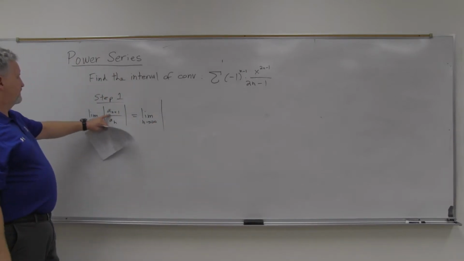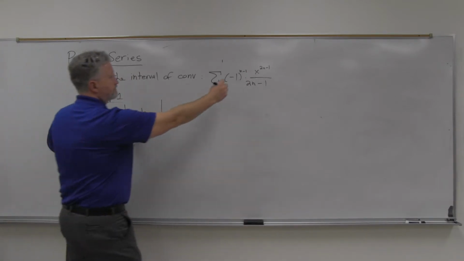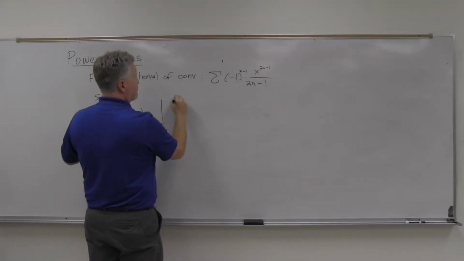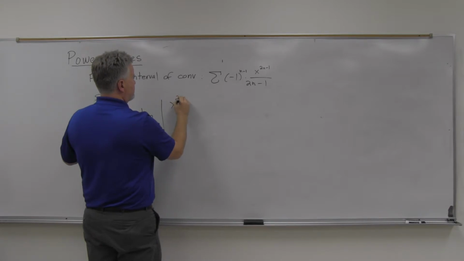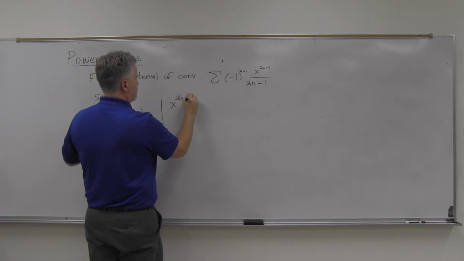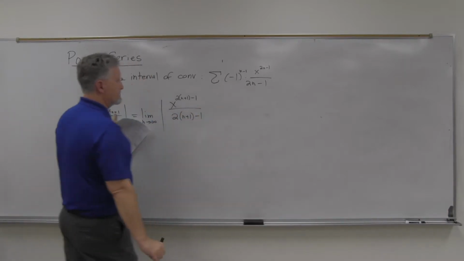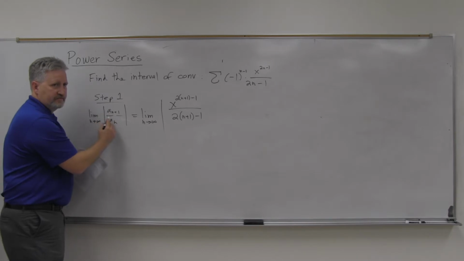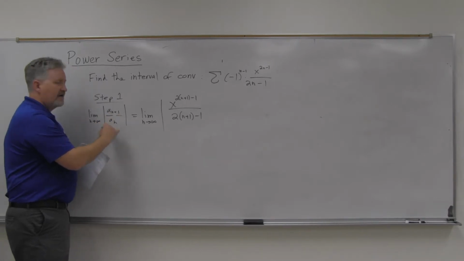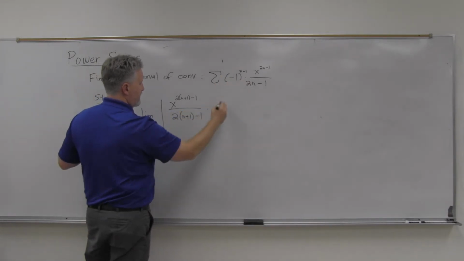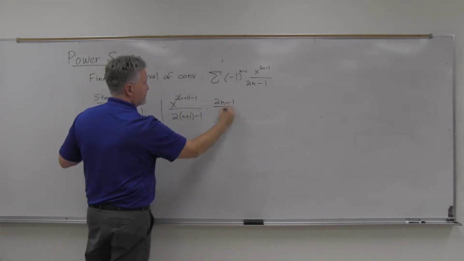The n plus 1 term: I have 2x to the 2 times n plus 1 minus 1, over 2 times n plus 1 minus 1. That would be the a sub n plus 1 term. Then divide by a sub n means multiply by the reciprocal of a sub n, so wouldn't it be this?